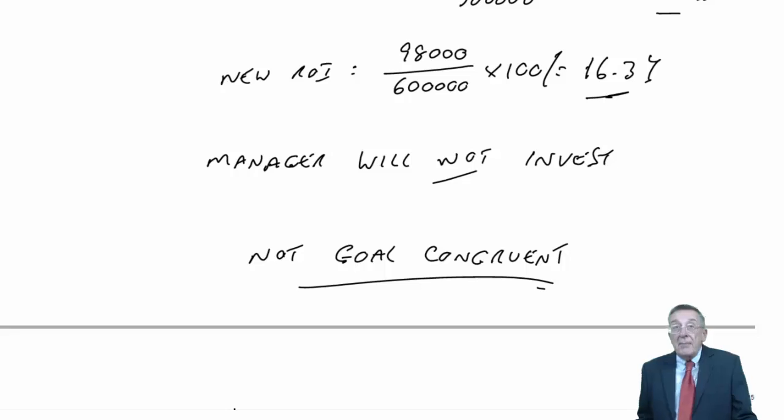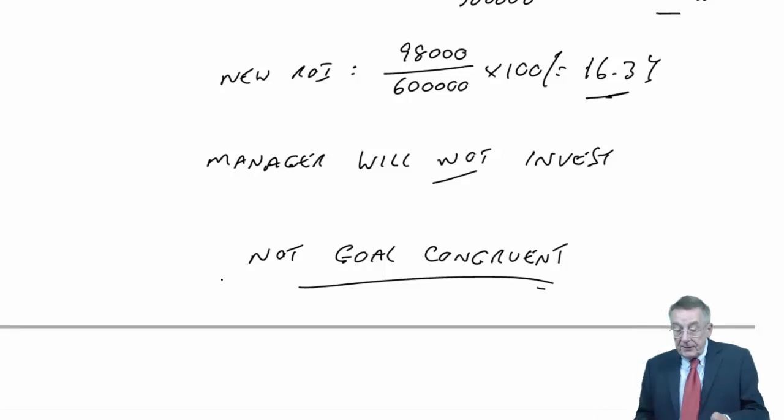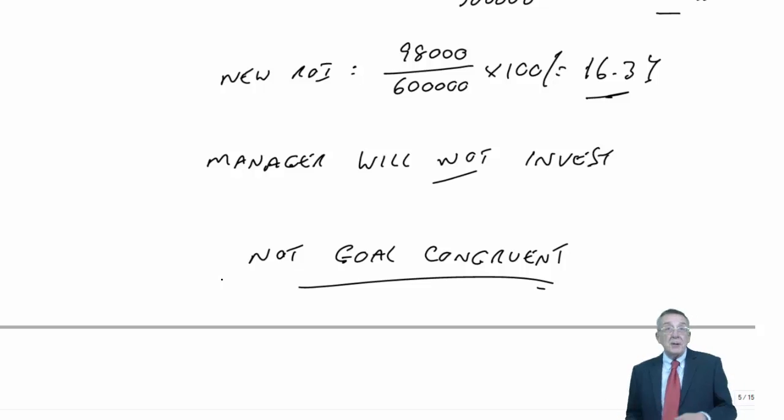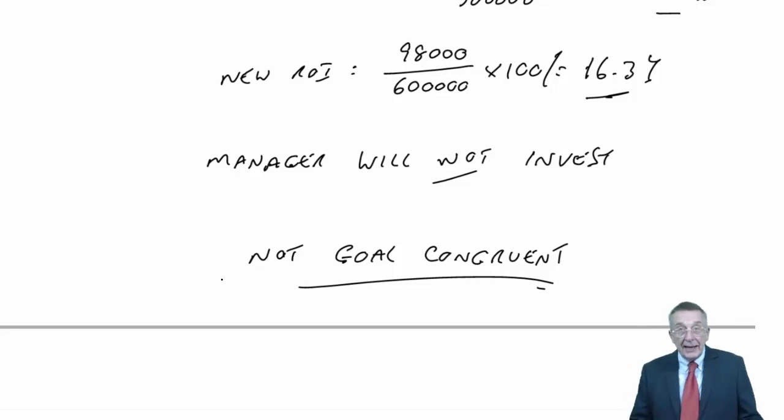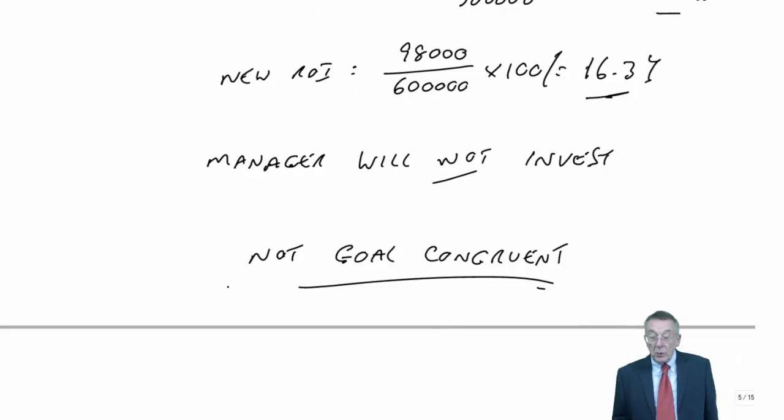The obvious way of measuring would appear to be the return on investment. And fine. If they make more profit by increasing selling price, profit goes up, return on investment goes up, no problem. But there is the possibility of this sort of thing happening when it's an investment centre, where you get the manager rejecting an investment which the company as a whole wants.